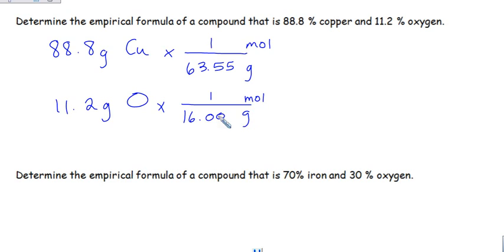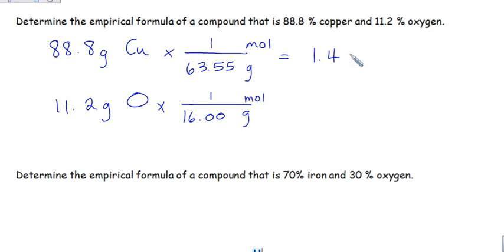Some of these masses are so common, like carbon, oxygen, hydrogen. You use them so often that I bet you'll memorize it. Oxygen, 16.00. Not that you're trying, it just happens by accident. All right, let's plug these in our calculator. We'll leave maybe 3 sig figs or so. All right, so 88.8 divided by 63.55.